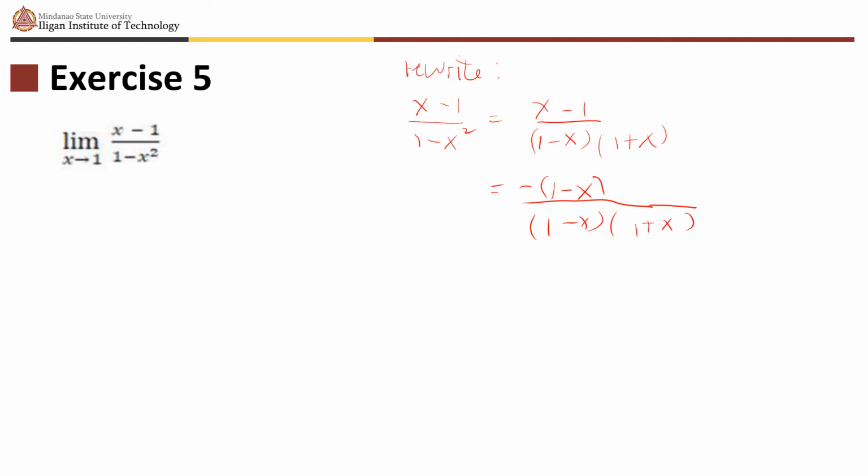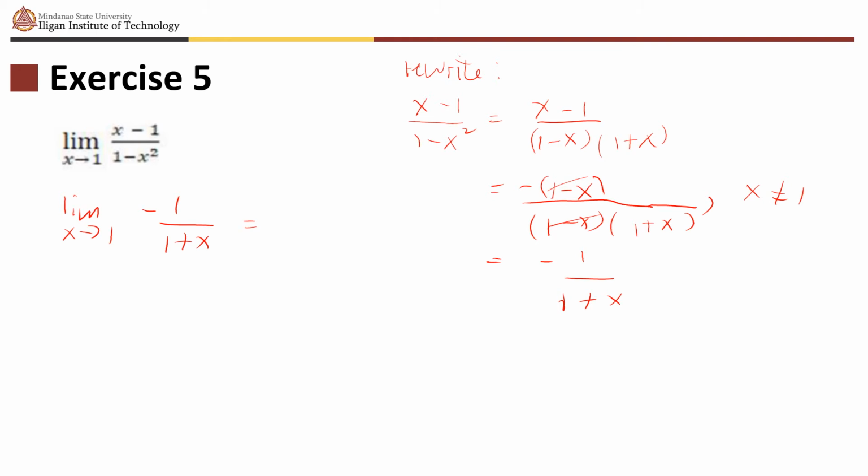From here, again, because x is simply approaching 1, so x is not equal to 1, you can divide out 1 minus x with 1 minus x. So you're left with negative 1 over 1 plus x. So from here, you have the limit of the negative of 1 over 1 plus x as x approaches 1.